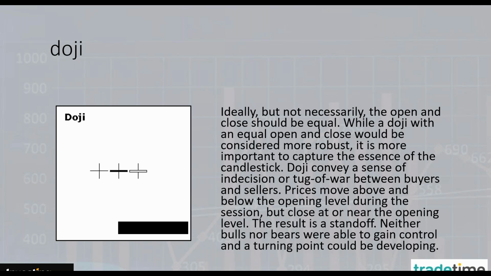So it was redefined so it can have a very, very small body, especially in the forex market. So if you're looking at gold and the market opened at 1250 and closed at 1251.50, even though it might look like a doji, it isn't a doji, because that's a big move for gold.